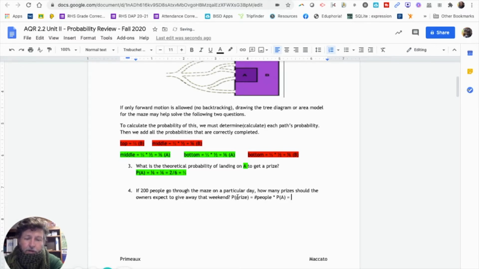Should. So it's 200 times 1/3, which equals, and I'm going to bring this down so you can see it a little better. And I'll even highlight it in green so you know it's the correct answer.